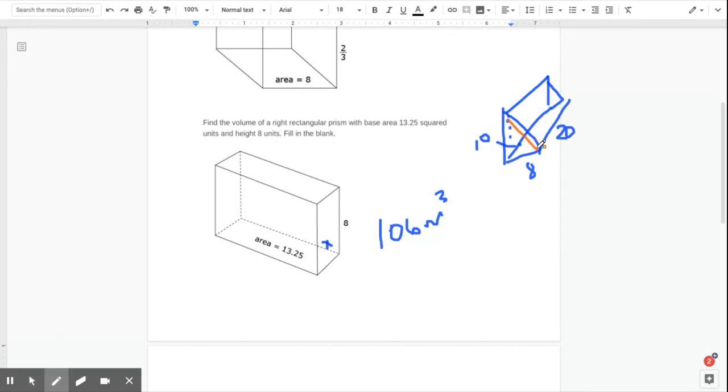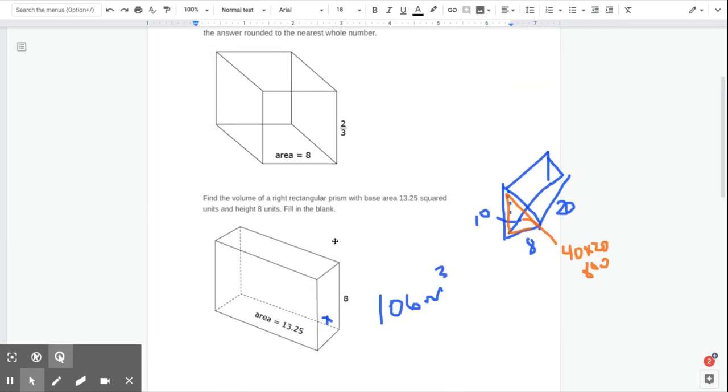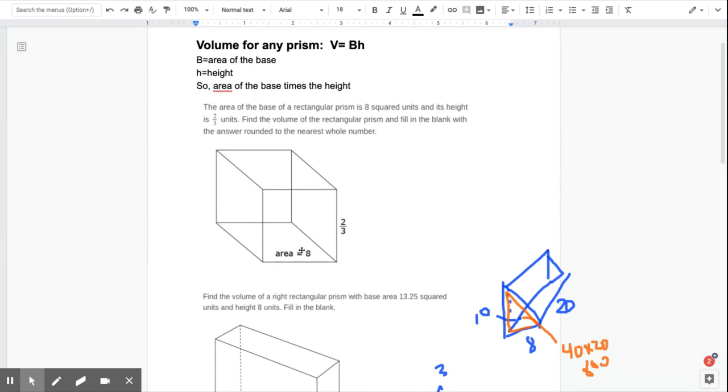Well, what I would do is I'd find the area of this triangle, which is 8 times 10 divided by 2. So the area of this triangle is 40. And I would take that 40 times 20, and that would be 800 units cubed.